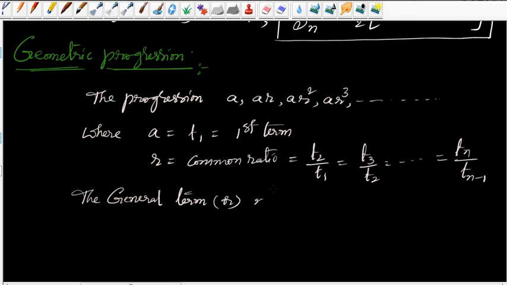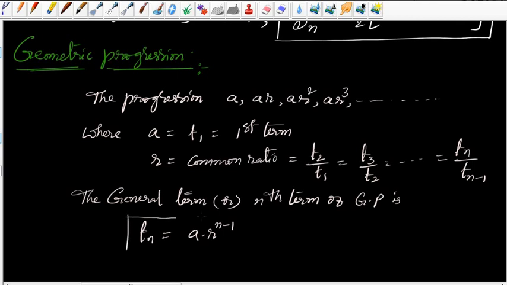Now the general term, also called the nth term of GP, is Tn is equal to A into R to the power of n minus 1. This is the general term of the geometric progression.